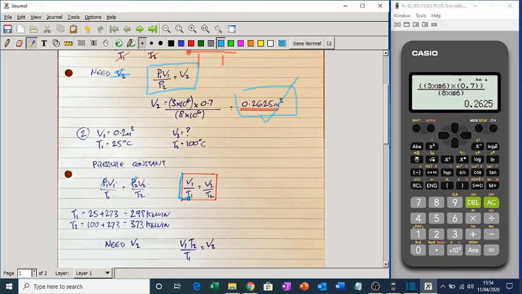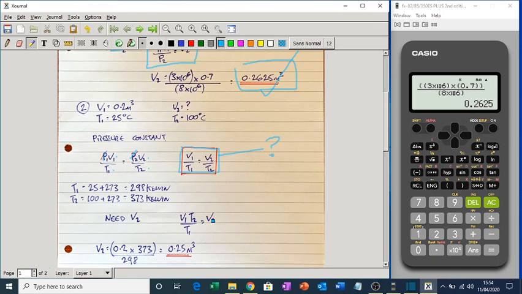which is that one there. So we know V1 and we know T1. We're trying to find V2. We don't know what V2 is, and we know what T2 is. Don't forget, we've got to be in Kelvin, so these degrees C's have got to be converted into Kelvin.